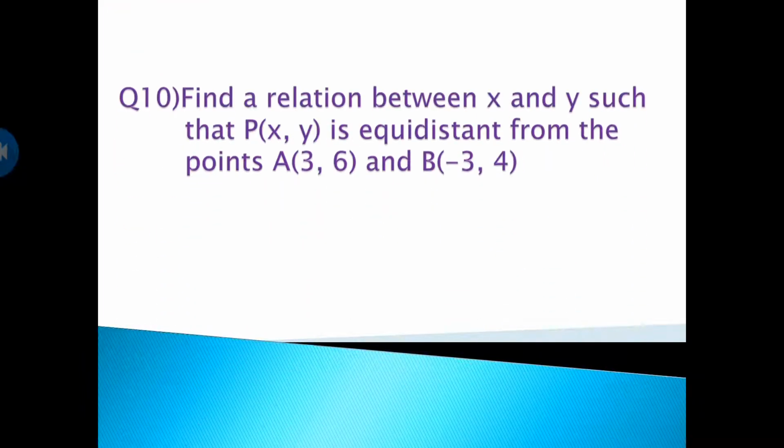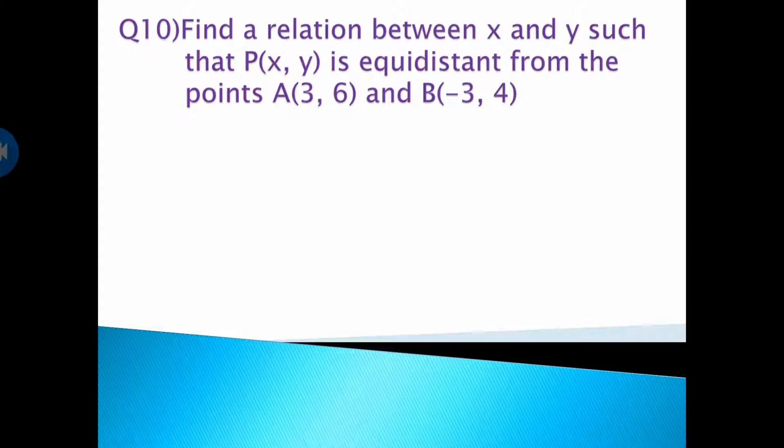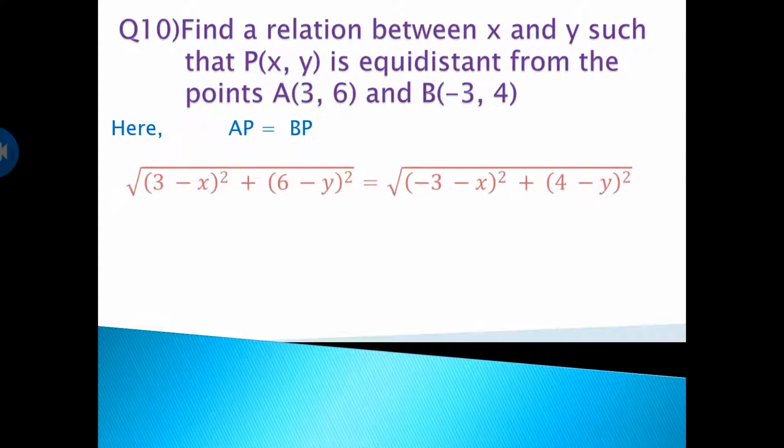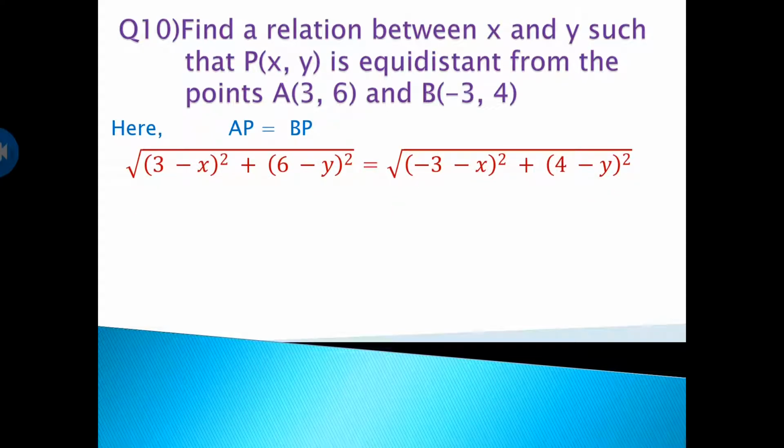Now, the last question of this exercise, very important question, repeated examination question. Find a relation between x and y such that P(x, y) is equidistant from the points A(3, 6) and B(minus 3, 4). As per the given question, we can write AP equal to BP. And the distances AP and BP we will calculate by using the distance formula.